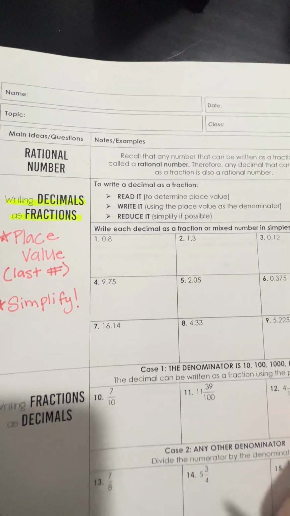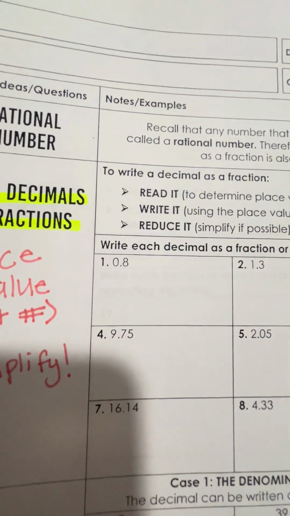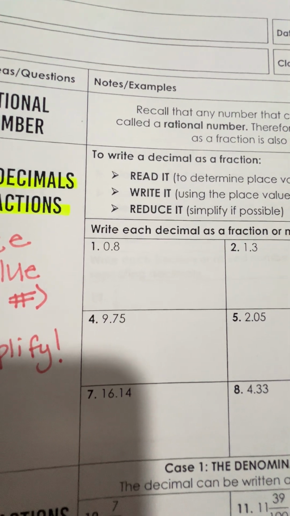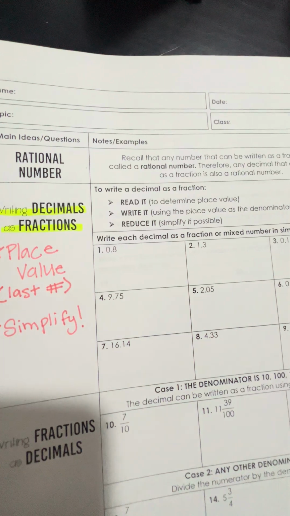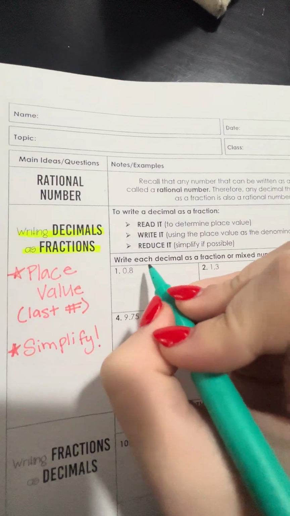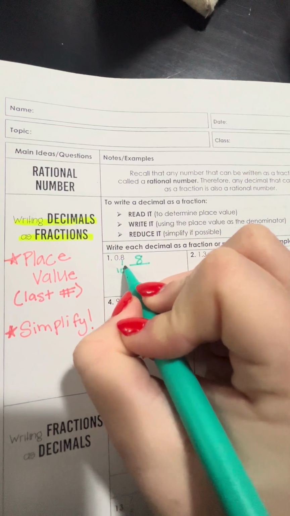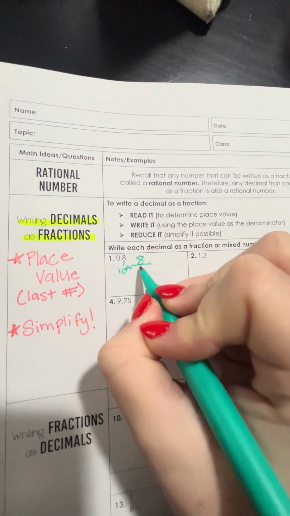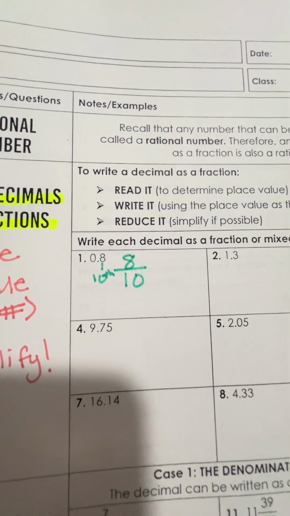So let's go ahead and try one. Number 1 says 0.8. The way you would pronounce this is 8/10. Okay? So 8 is your numerator. Let me switch my colors. 8 is your numerator. And this number is in the 10th place. So 10 is going to be your denominator. Now, 8 over 10 are both even numbers.